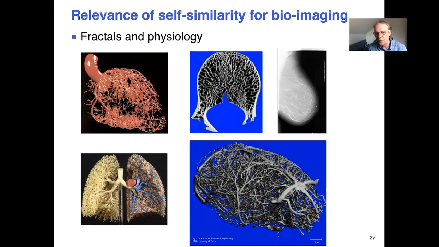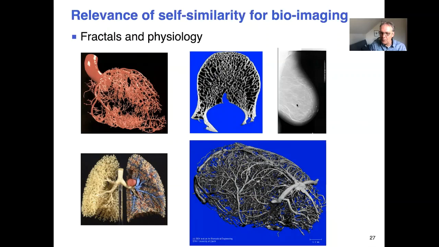In fact, you can also give a kind of fractal or physiological point of view because lots of imaging, for example functional imaging, will measure, for example, oxygen concentration of the blood. And if you look at the blood arterial trees, they're very much fractal-like. If you look at bone, it's also very fractal-like.